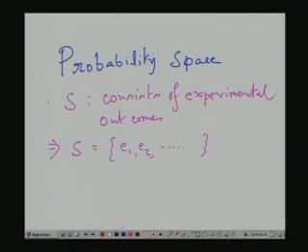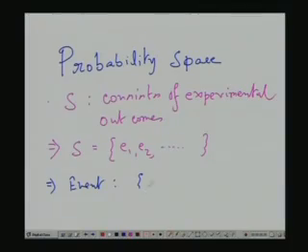Then comes the event. An event is any subset of S, which means E1 itself could be an event, because the set consisting of E1 only could be a subset of S. E2 itself is an event, and likewise.